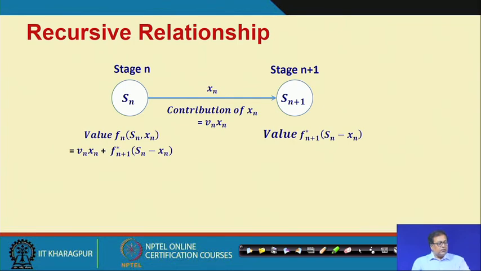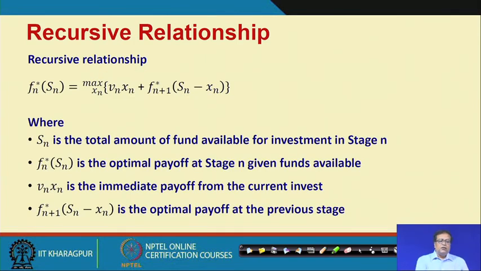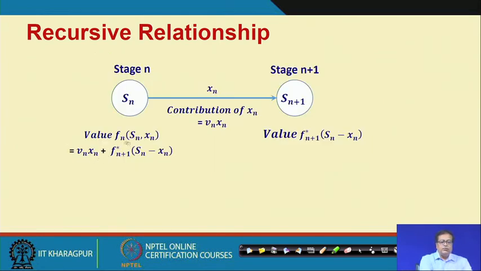All right. So, let us look at how it looks. It looks like f n star (s n) equal to the maximum of this expression. In the previous slide we have computed f n (s n, x n).